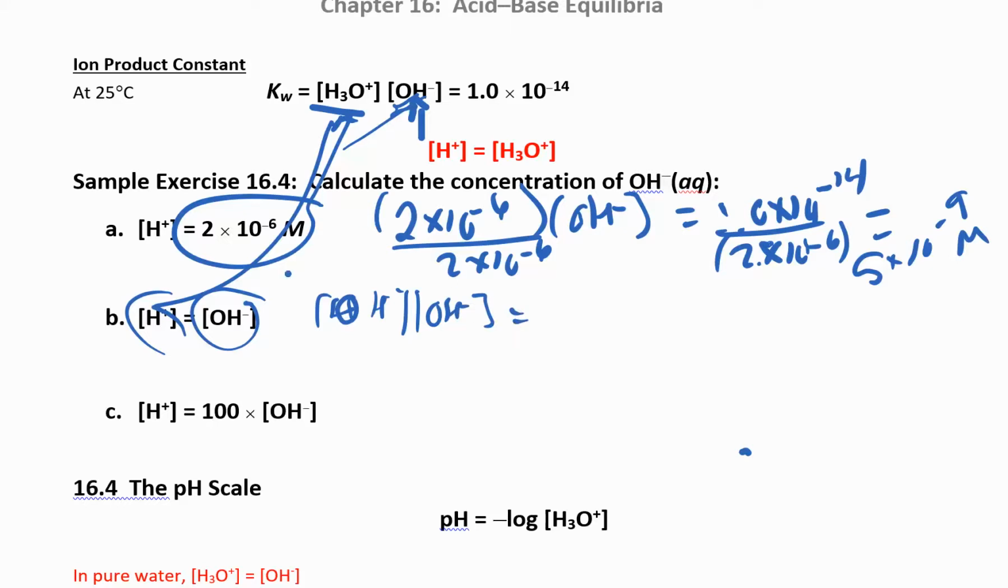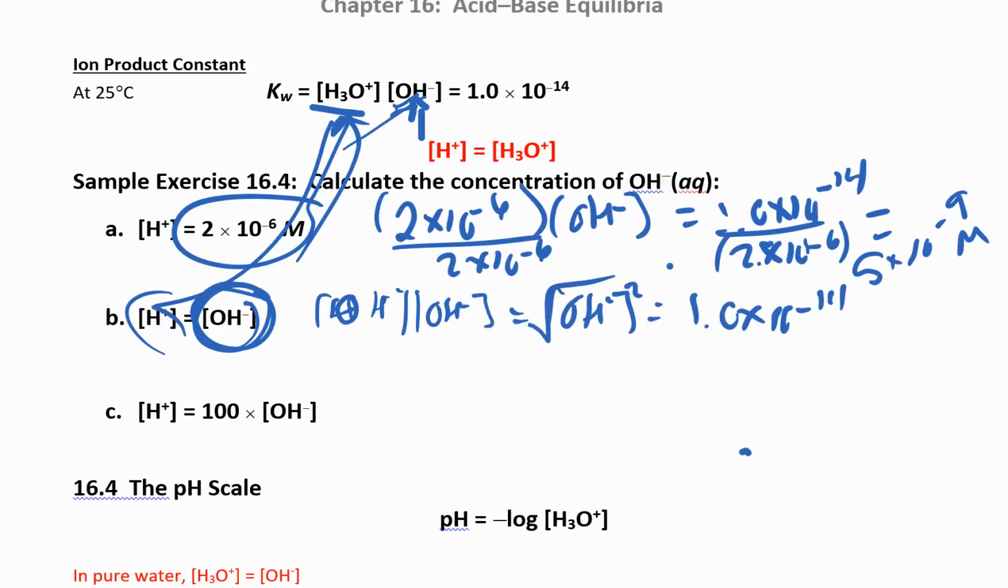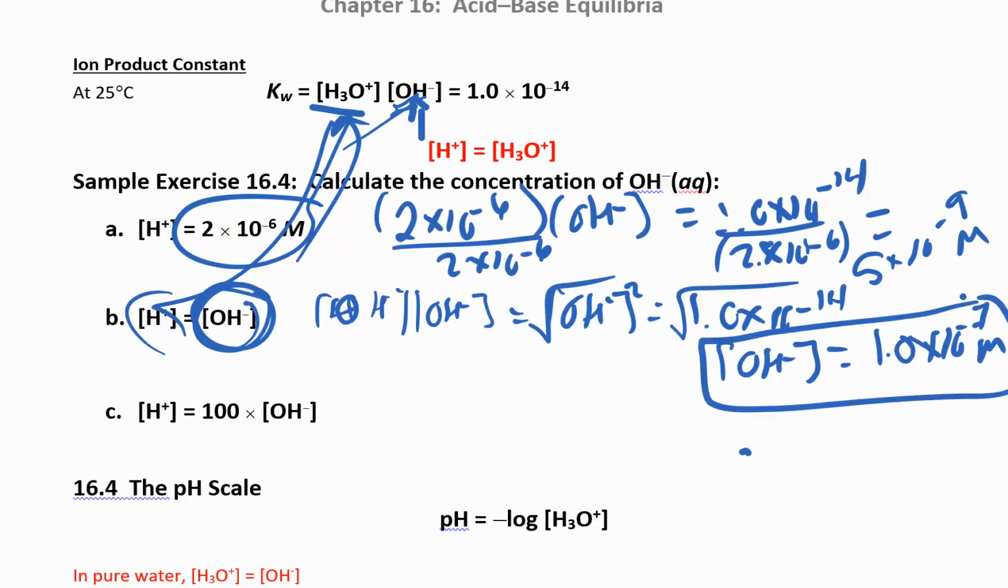All I did was put hydroxide in here for the hydronium. So I end up with hydroxide squared is 1 times 10 to the negative 14. So I just have to take the square root of that, and I get the hydroxide concentration is 1 times 10 to the negative 7 molar for that one.